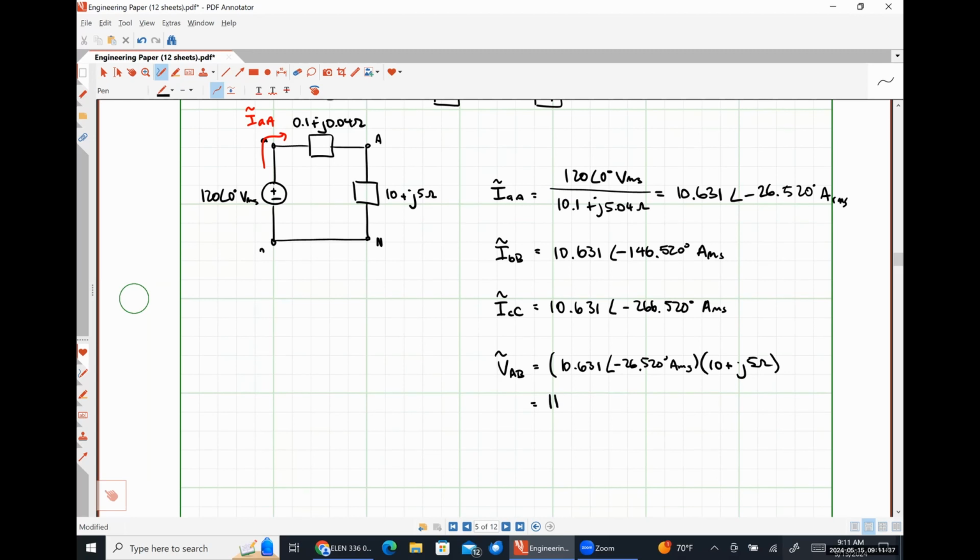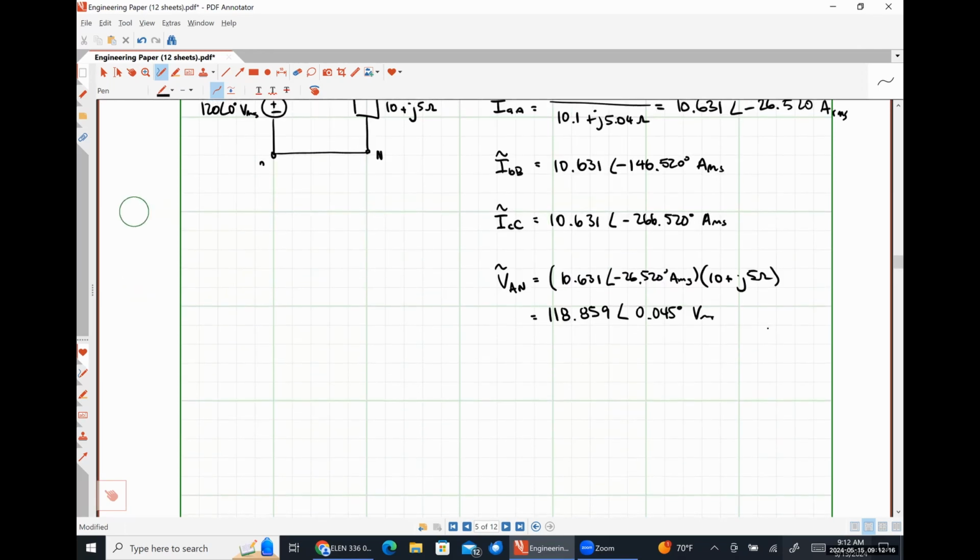I get 118.859 angle 0.045 degrees volts RMS. Oh, sorry, that should be VAN. My apologies there. We don't actually have to solve for VBN at all.